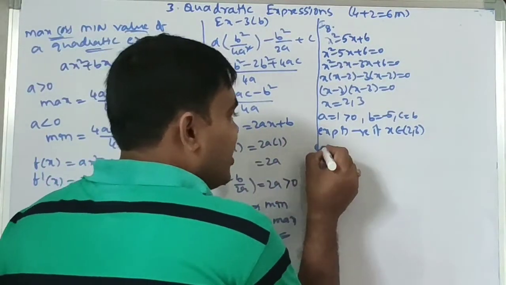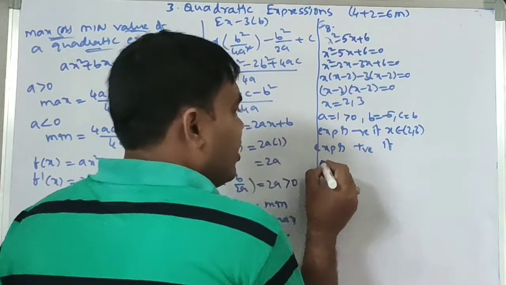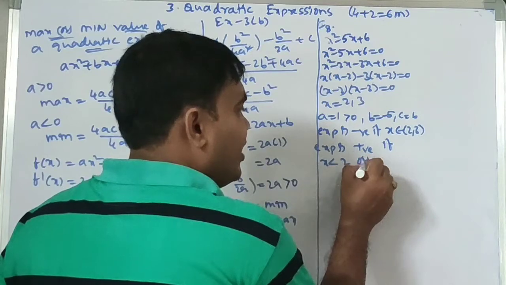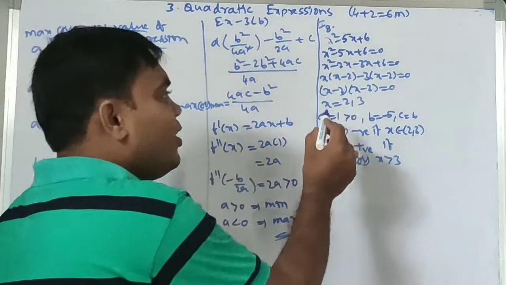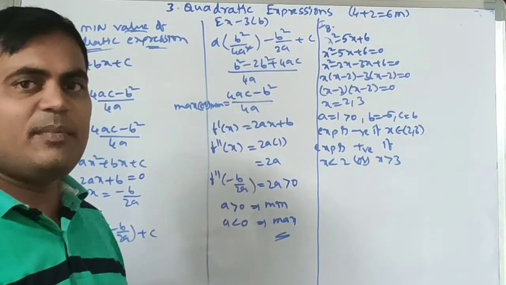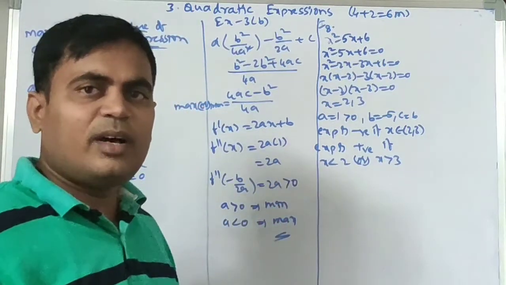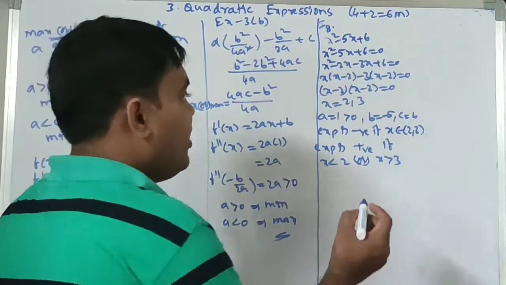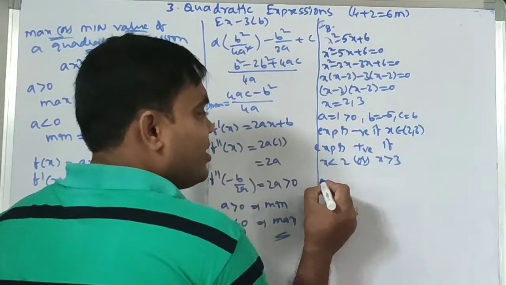The expression is positive if x is less than 2 or x is greater than 3. Positive expression and positive a have the same sign, so x is either less than alpha or greater than beta. And as a is positive, it contains a minimum value.